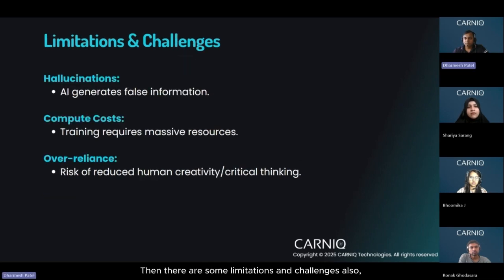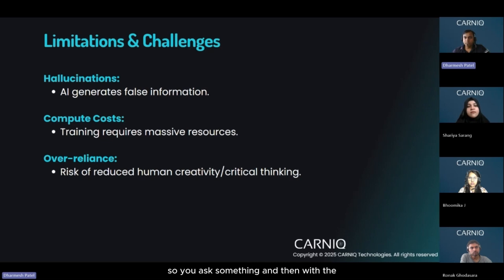Then there are some limitations and challenges also when we talk about generative AI. One of the limitations we see is hallucination. This already came up in our last video on RAG, where there was a limitation of hallucination. Here, the AI generates some false information.